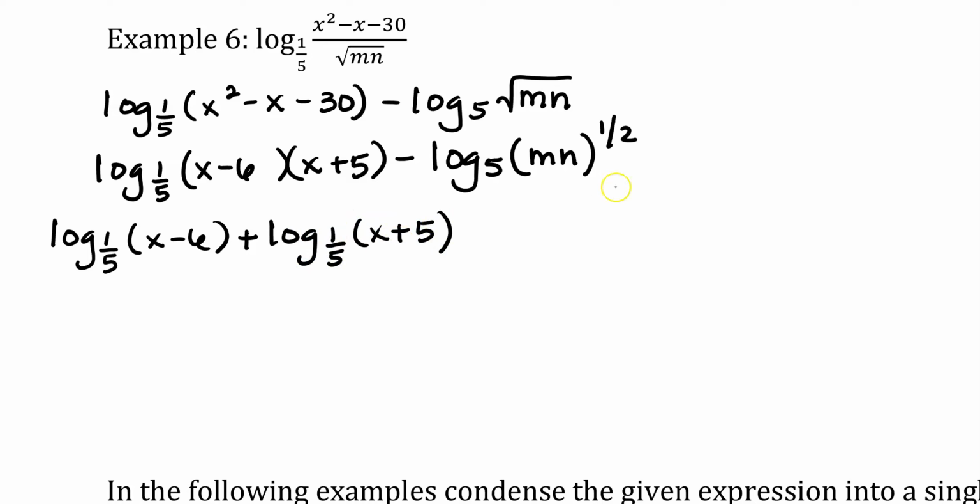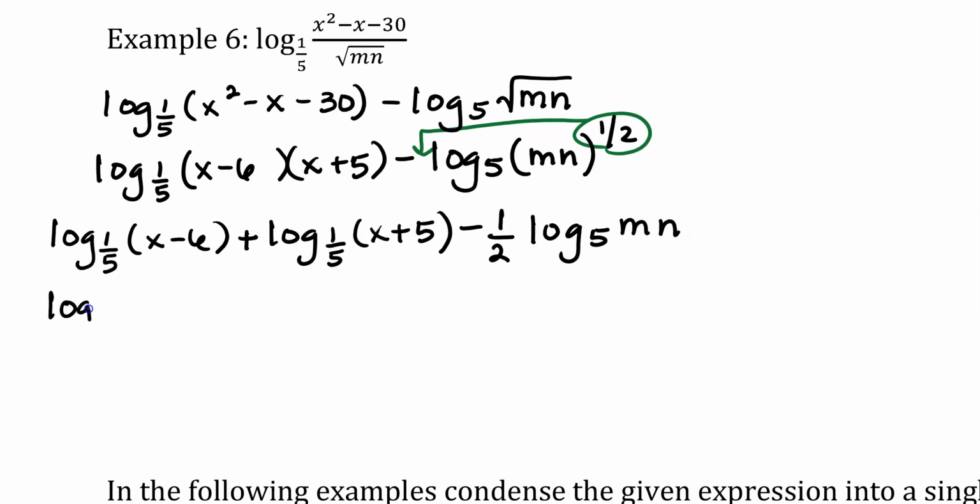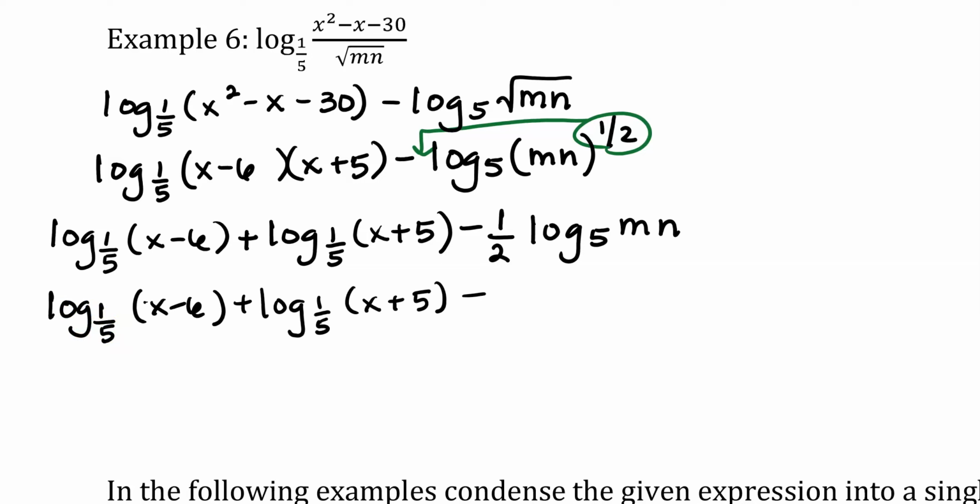We can go ahead and use the power rule on that second logarithm, since that 1/2 is applied to everything. So we have minus 1/2 log base 5 of mn. I will bring everything else down. So I've gone ahead and brought down our first two terms of logarithms, and in our last logarithm we will be simplifying it, or rather expanding it, using the product rule, since we have a product there.